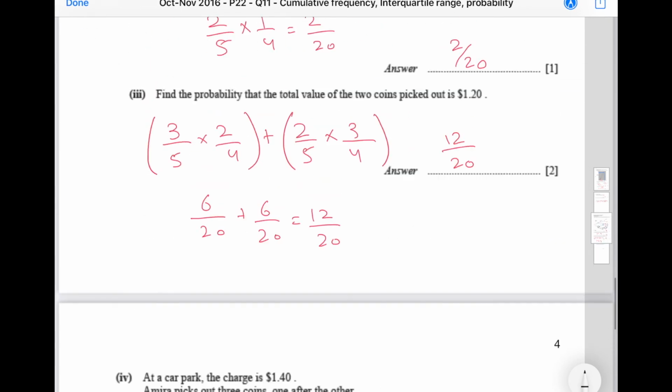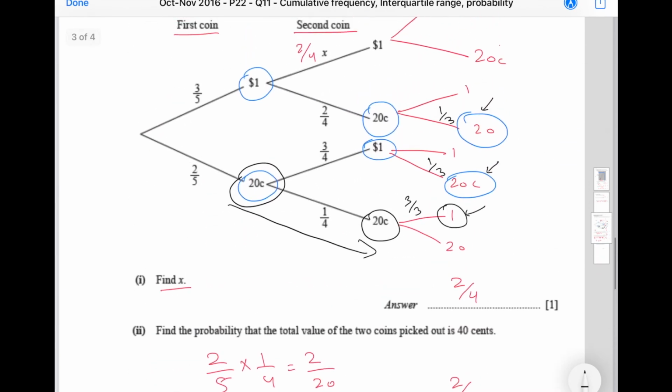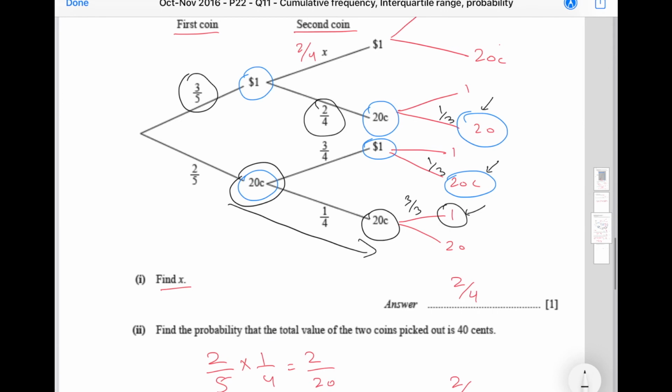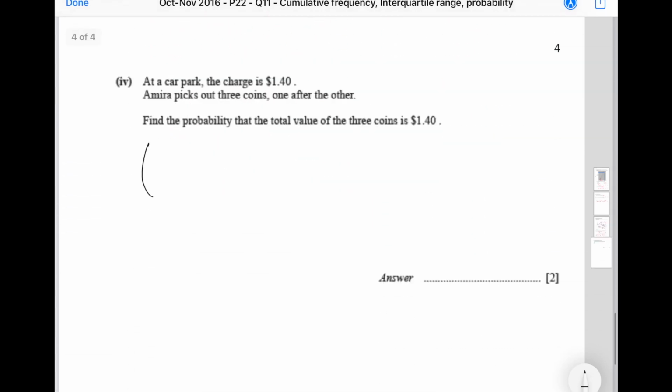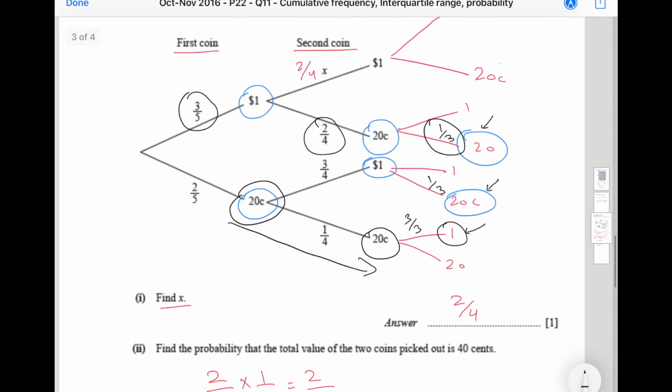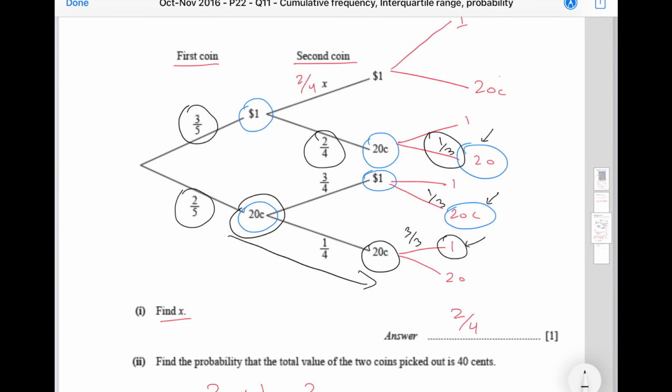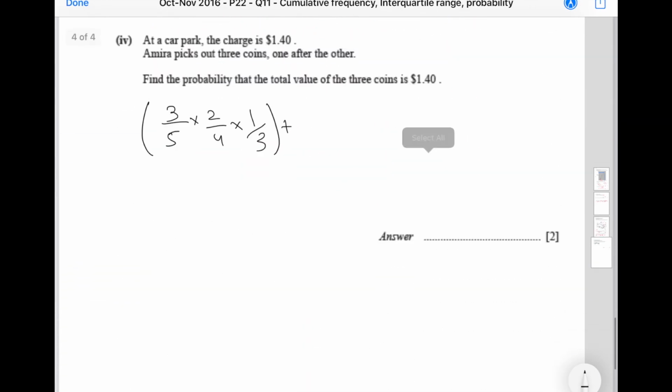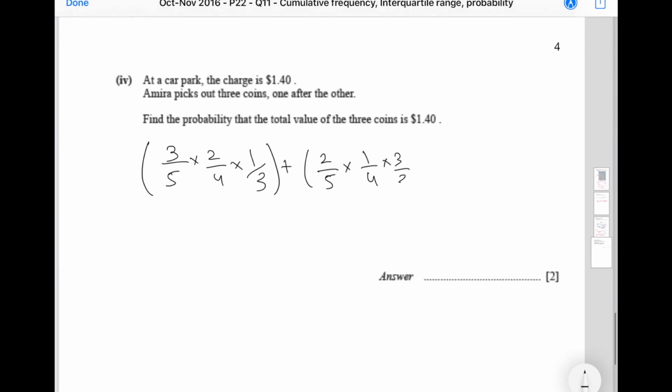First, the probability of the first branch, which is 3 over 5 times 2 over 4 times 1 over 3. We write 3 over 5 times 2 over 4 times 1 over 3. We add this to the second branch, which is 2 over 5 times 1 over 4 times 3 over 3.